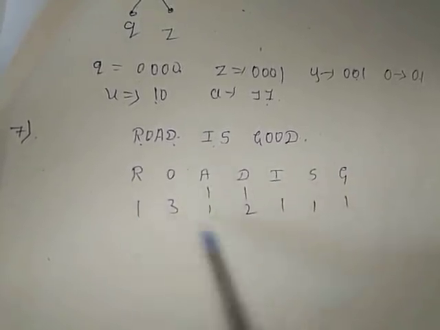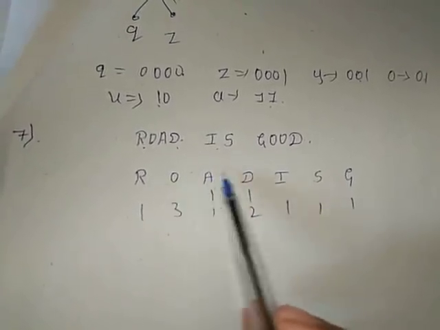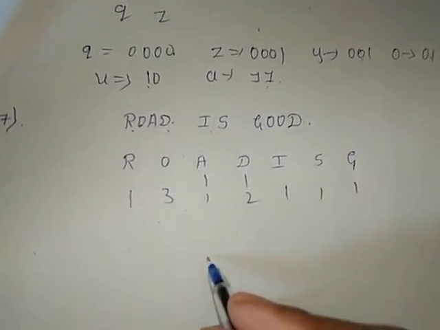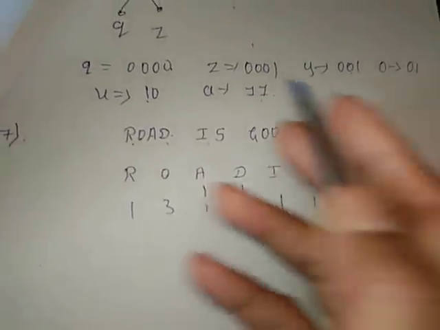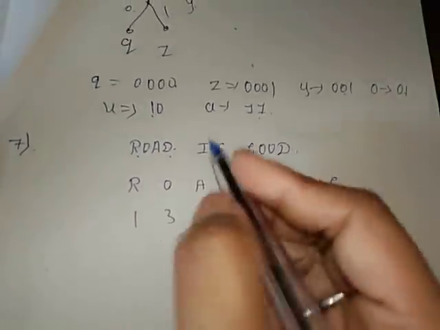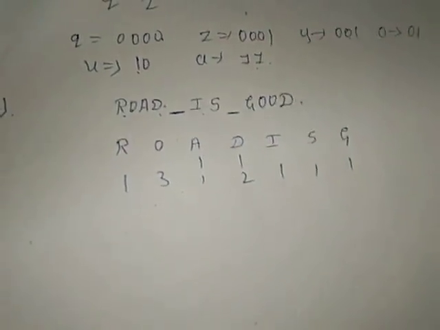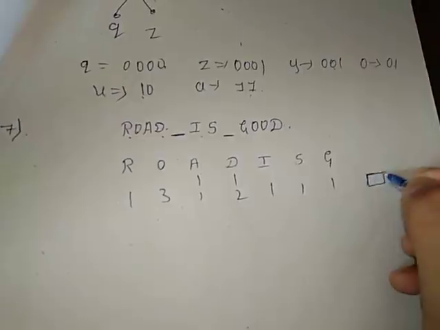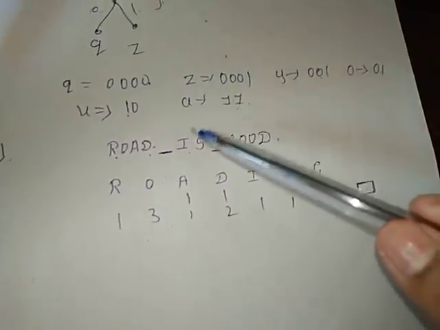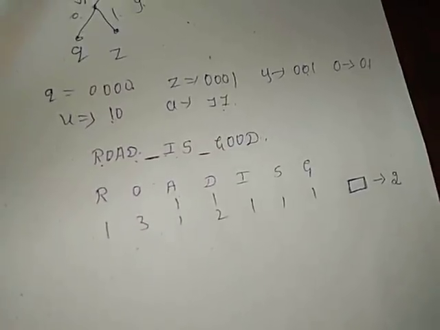So these are considered as frequencies, meaning the number of times the letters R, O, A, D, I, S and G are present. And this message also consists of 2 blank spaces. So the blank space is present 2 times.